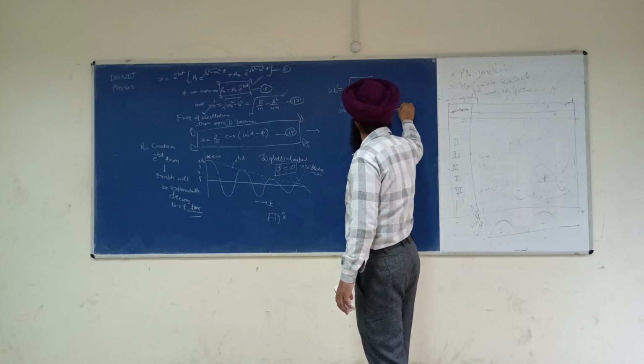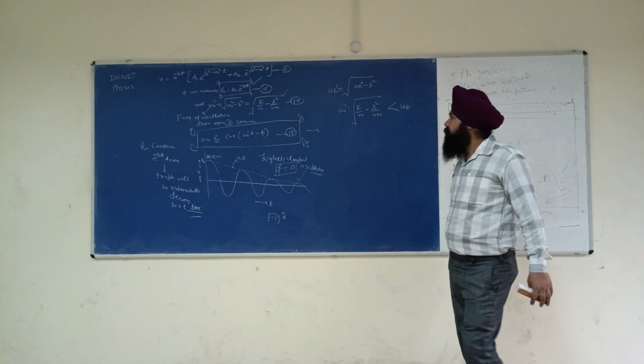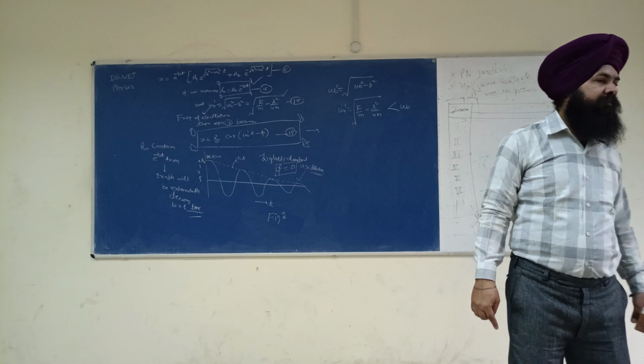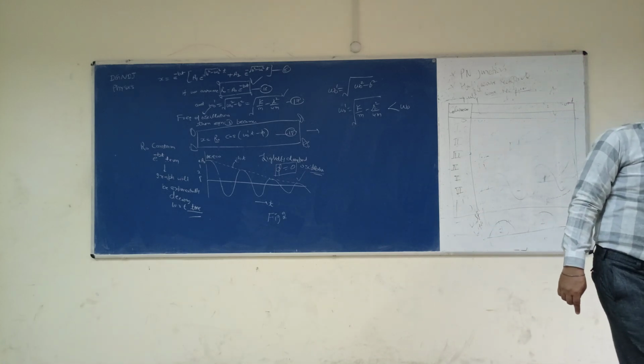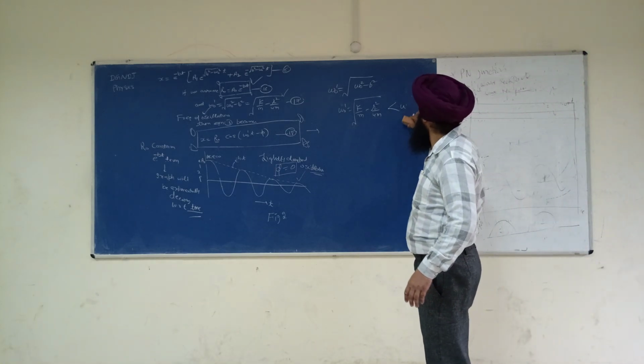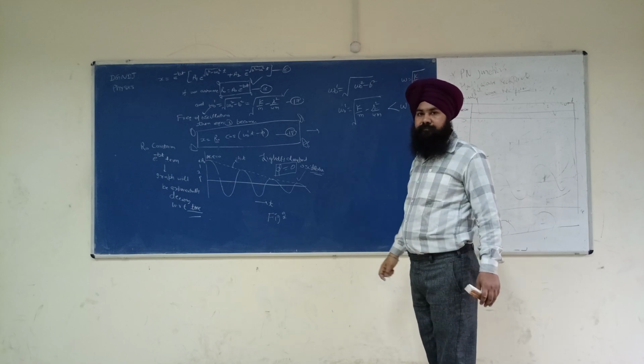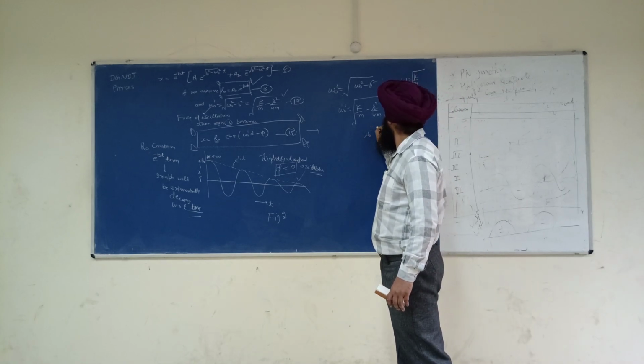So clearly it would be less than omega naught. What's the value of omega naught? Omega naught is equal to square root of k by m. So we will say omega naught prime is less than omega naught.